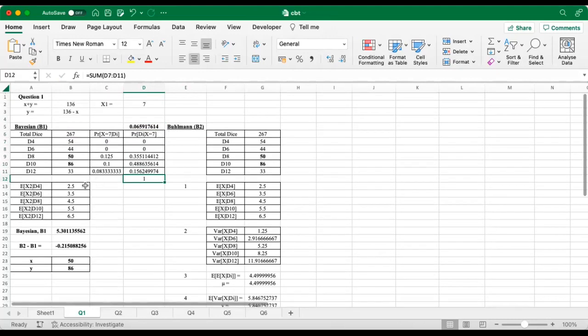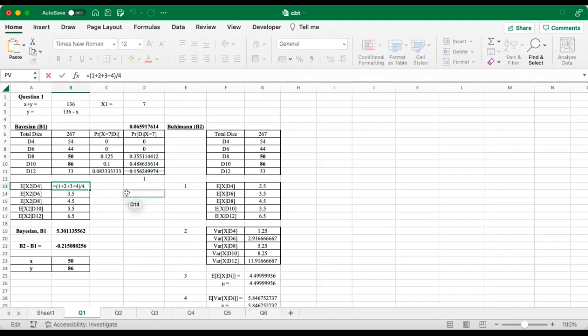Then we calculated the expected value for the second roll, given that it comes from each die available. The formula calculates the average of each die for all 5 dice.